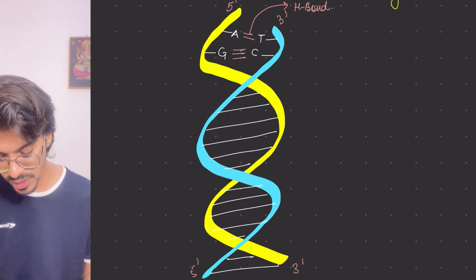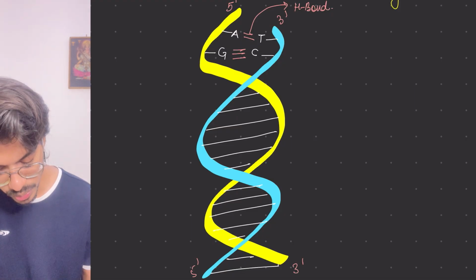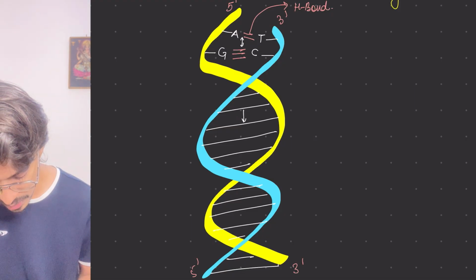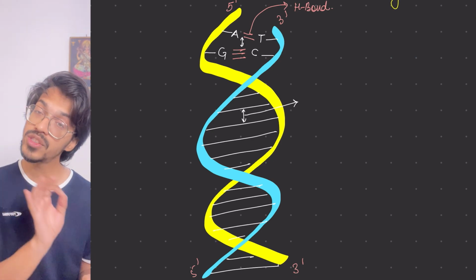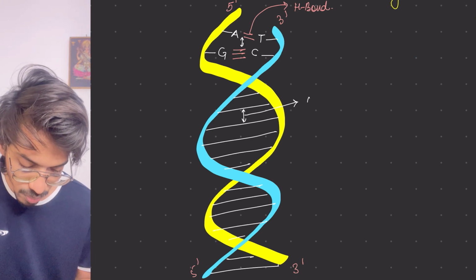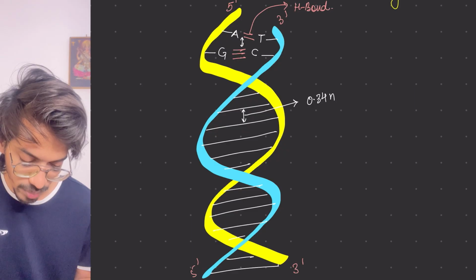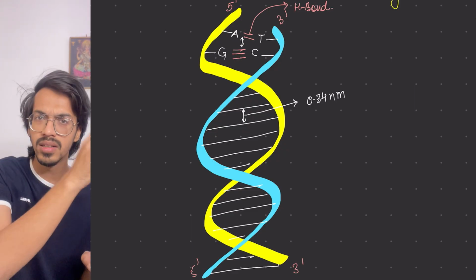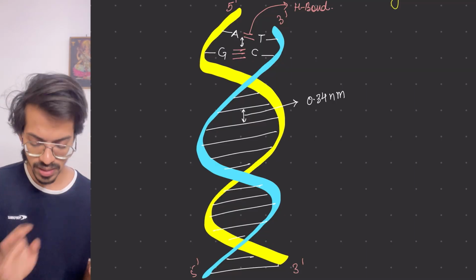Moving on, if you see between these two, between 2 base pairs, there is a space present. How much is this space? You have to remember 0.34 nanometer. In nanometer as given in NCERT, if you change into angstrom, you have to multiply by 10 to the power -10.